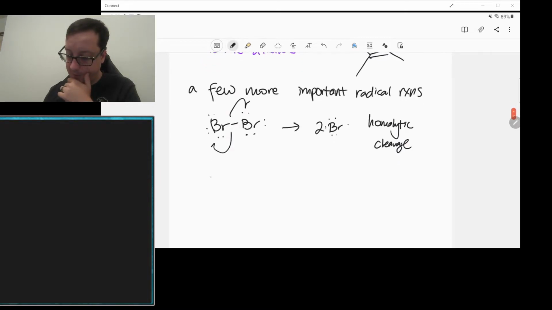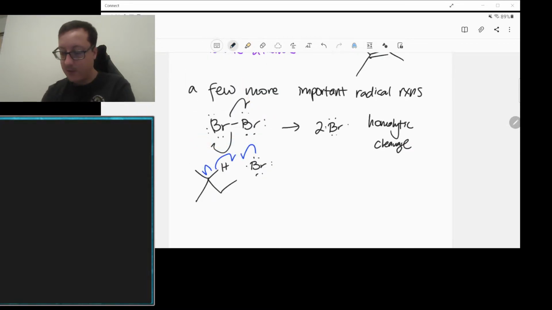We saw that we could have a hydrogen abstraction. We can have a hydrogen being grabbed away. Remember, we use the fishhook arrows for these. And make sure, again, your arrows are following the correct procedures.